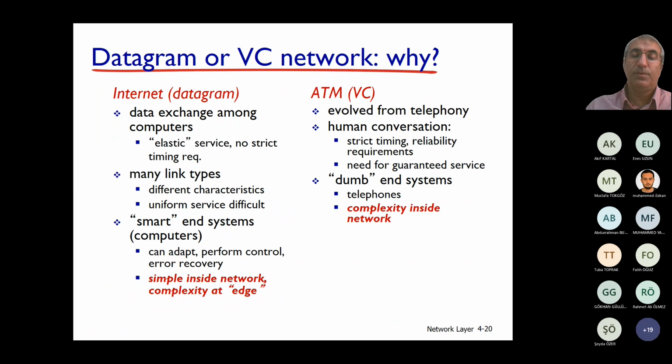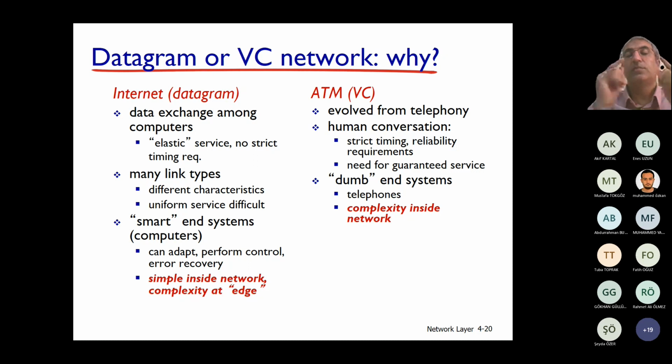Okay, so after studying the datagram and the VC virtual circuit network, let's compare both key features, starting with the datagram, which is used in the internet. In this architecture, the data is exchanged among computers. So that's why it provides a kind of elastic service, with no strict timing requirements.